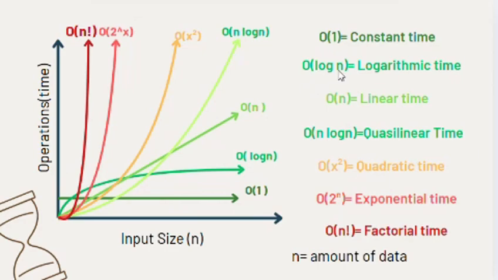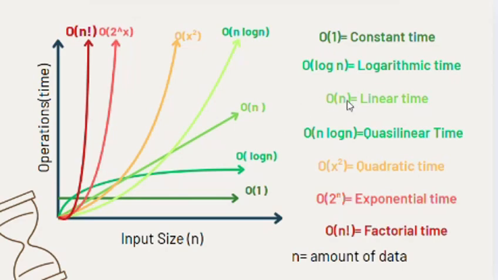The next one is log n, which is logarithmic time. This means that the running time of an algorithm is proportional to the logarithm of the input size. Just imagine binary search, where you slice a problem in half each time.